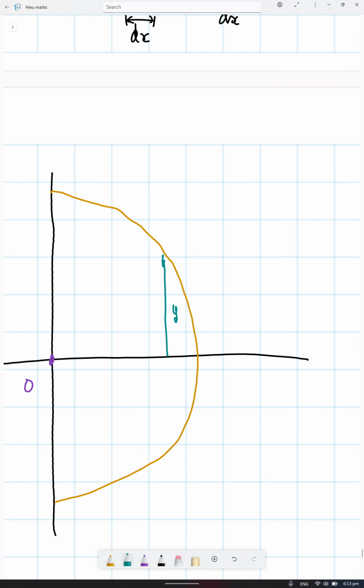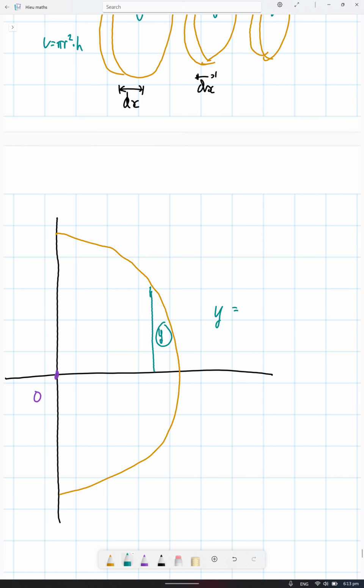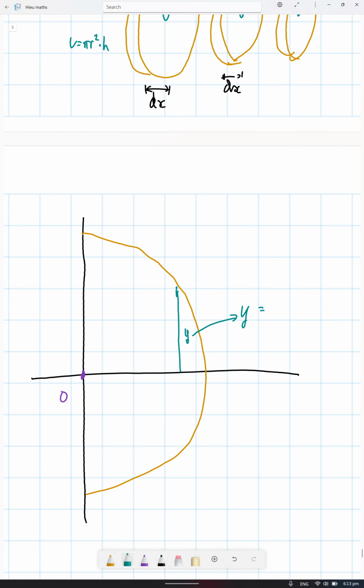This y equals, what is it equal to? So what is this height? What is this length? This length is x, because that's the x value. This is the length of x. So I'm going to use blue for this. This length right here is x.